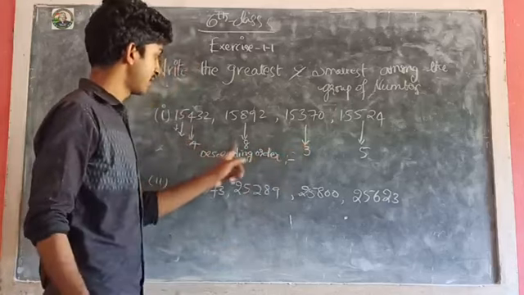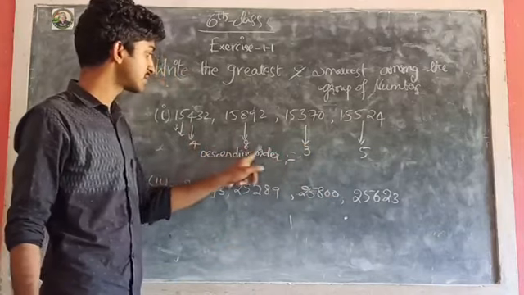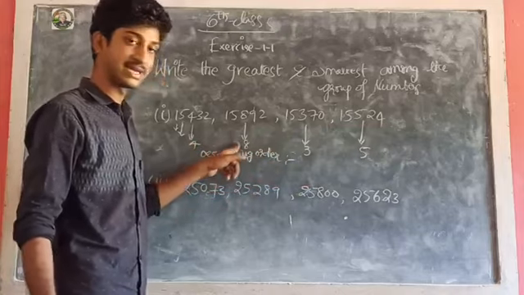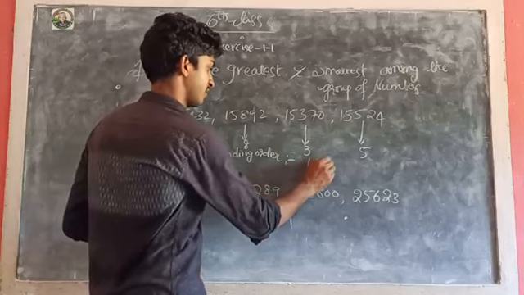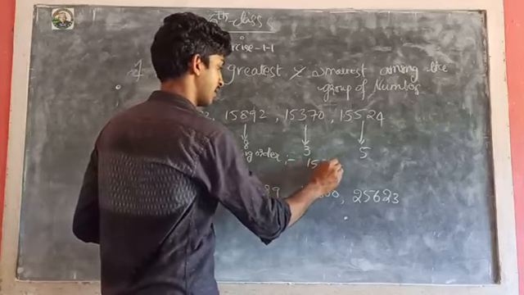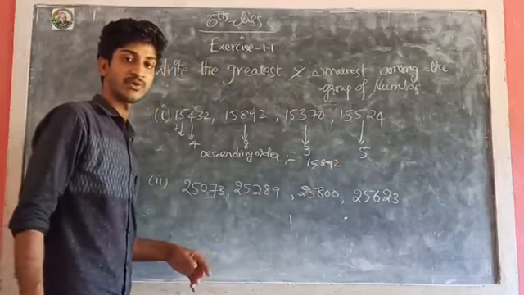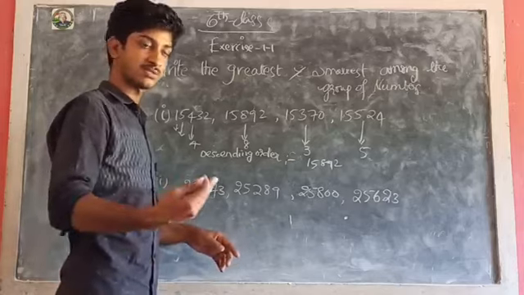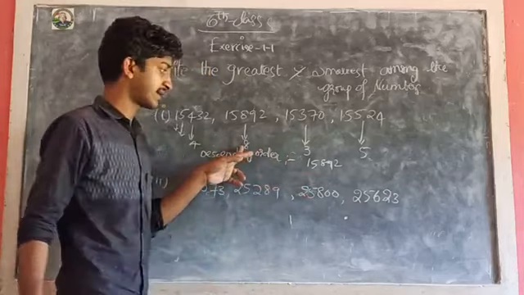Here we have to compare these four numbers. The greatest number among these is the one with 8, 15,892. Descending order means higher number to lower number. We have to write the larger number first and later the smaller numbers. Here 8, so this is the greater number.